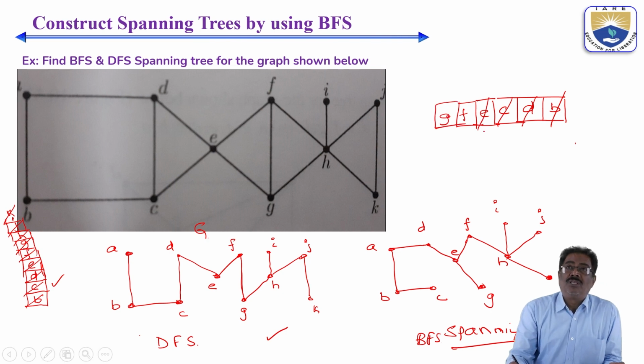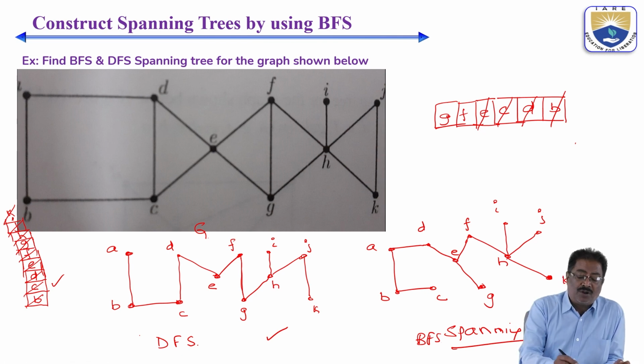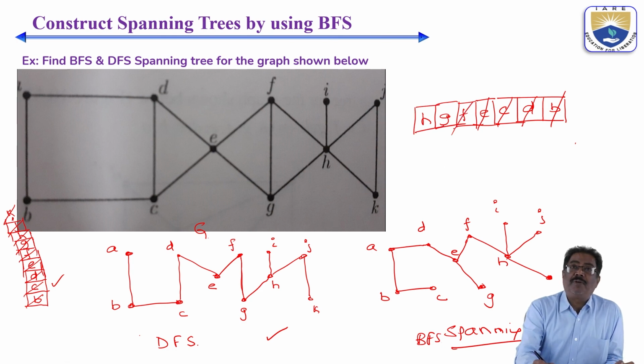After that there is nothing, so I dequeue that, and then I have to consider F. From F, the adjacent vertex which is not visited is H, so I consider H, then remove that. Next G will be there; G's adjacent is only one, which is already visited, so I am not going to consider it.